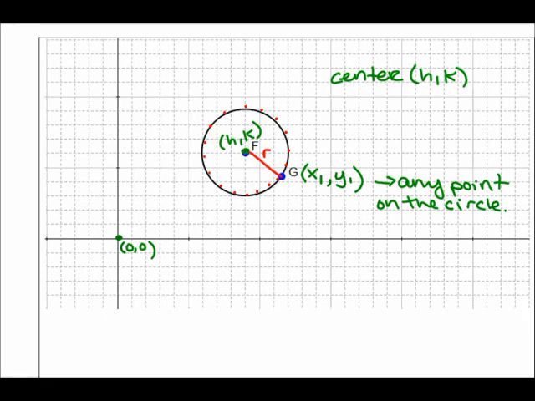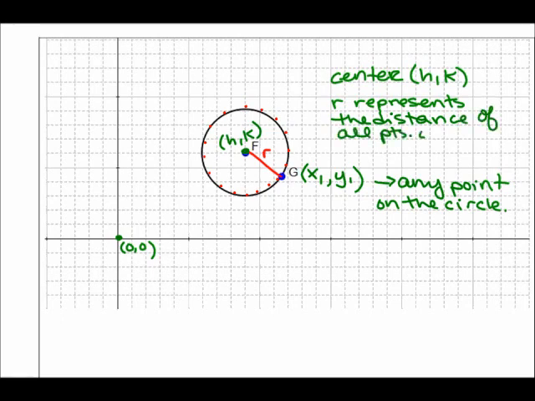And the idea is that the length of r represents the distance of all points on the circle from our center point, which is at HK.